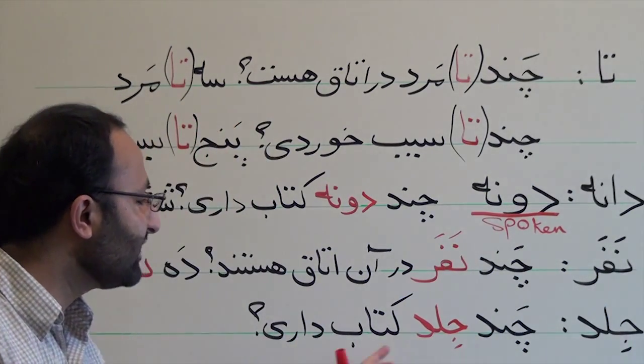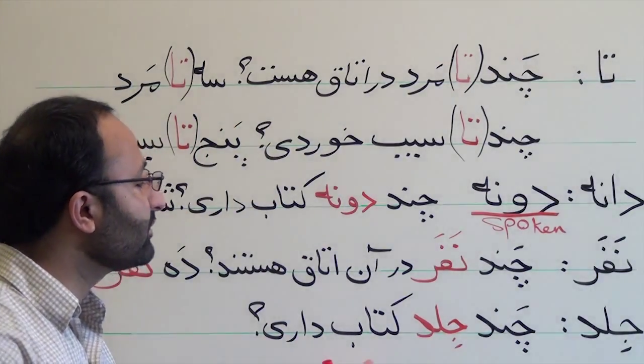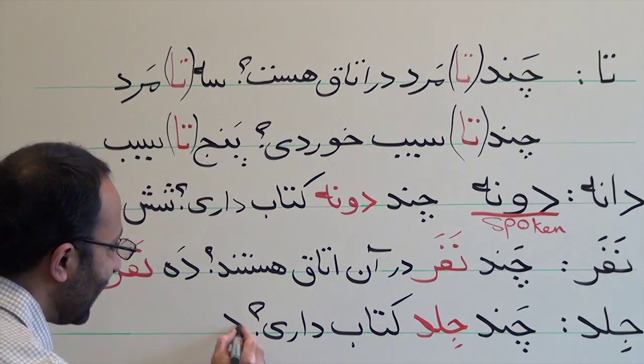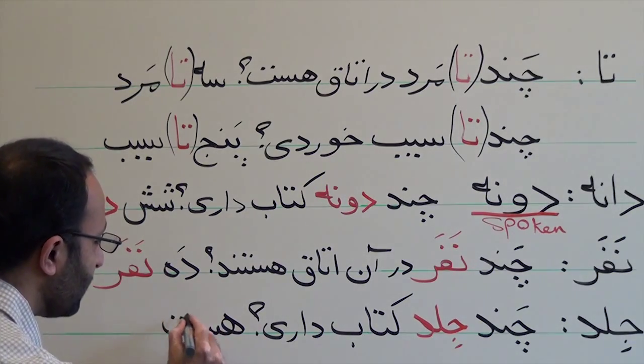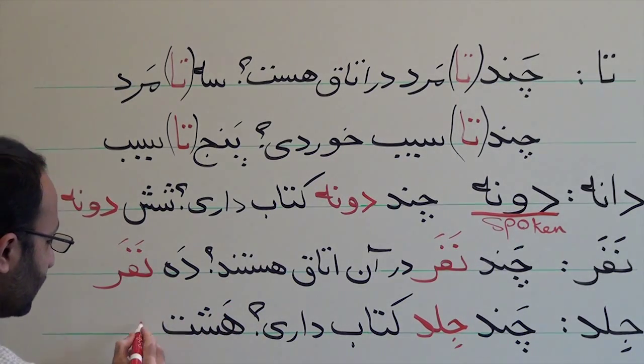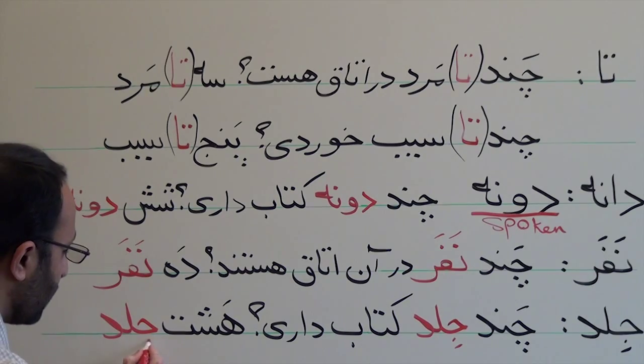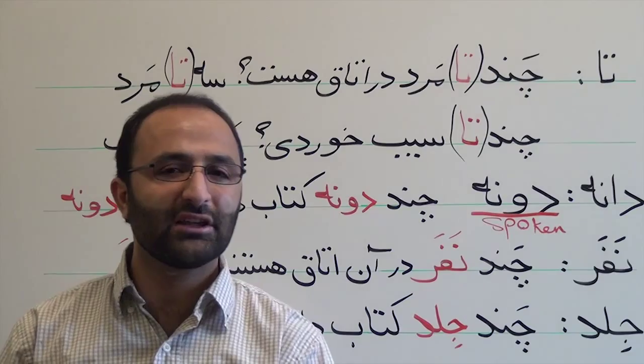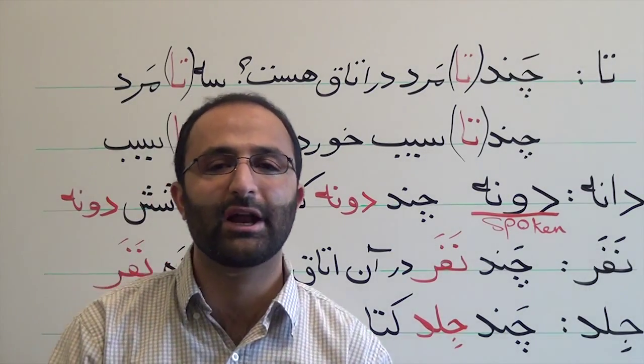So چند جلد کتاب داری؟ How many books do you have? And I can say, for example, 8 جلد کتاب دارم.